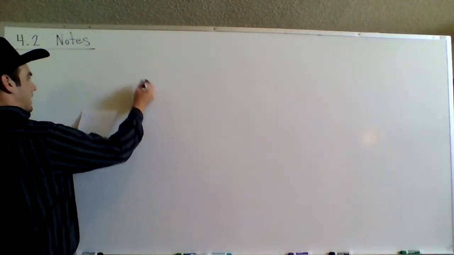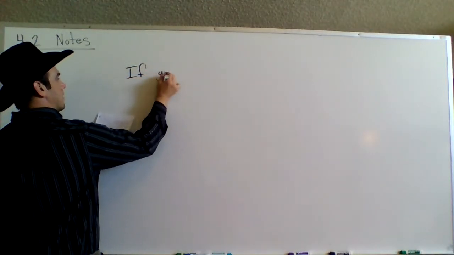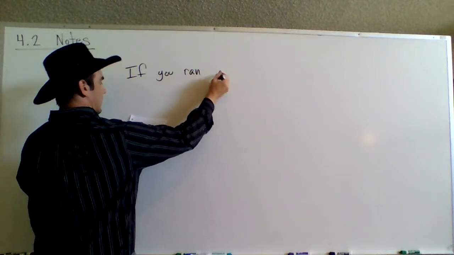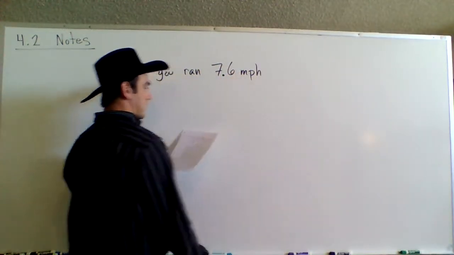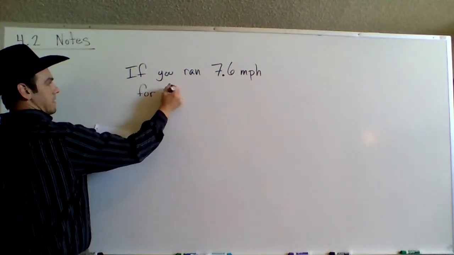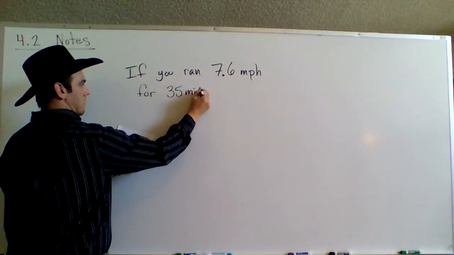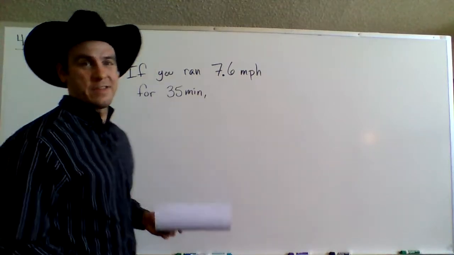All right, if you ran 7.6 miles per hour for 35 minutes, okay, how many miles did you run?